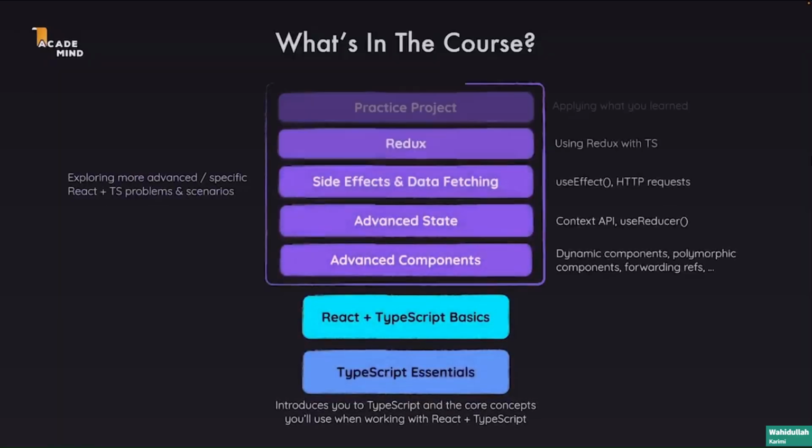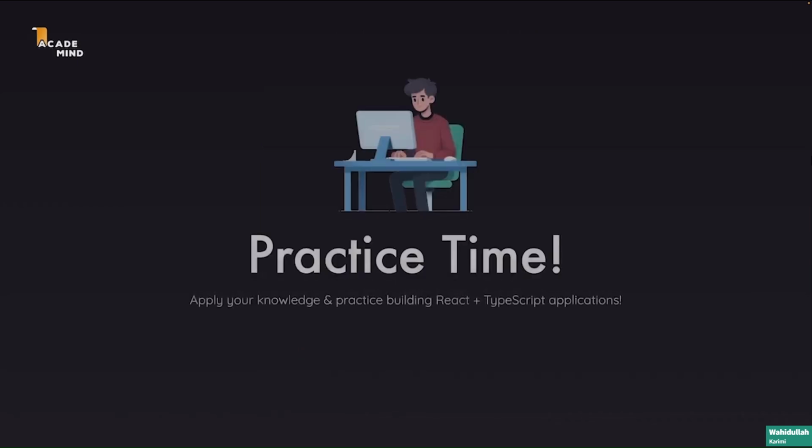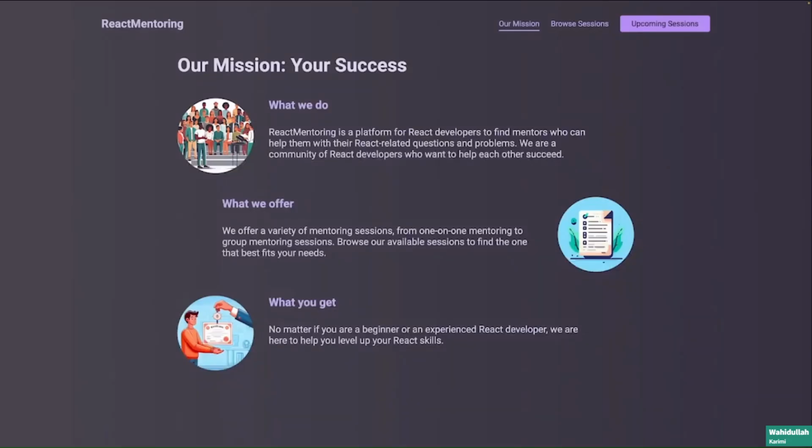Now, throughout this course, you learned a lot about using React with TypeScript. But of course, only practice makes perfect, and that's why this section here exists. Because this is a practice section that gives you an opportunity to apply the knowledge you gain throughout this course.